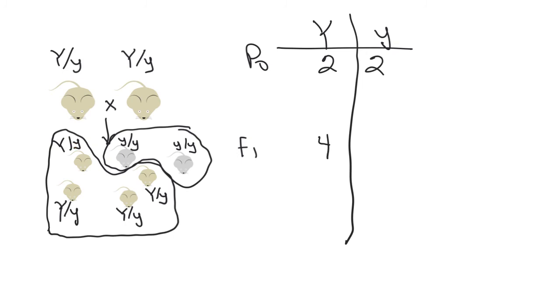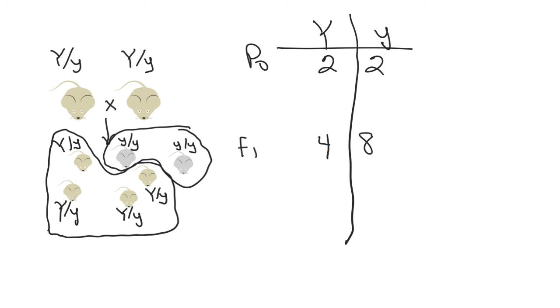And we have 1, 2, 3, 4, 5, 6, 7, 8 lowercase y's. This is a change in allele frequency. We've gone from equal representation of the two alleles to an overrepresentation of one of the two alleles, twice as many in this case, 8 to 4, in the second generation.